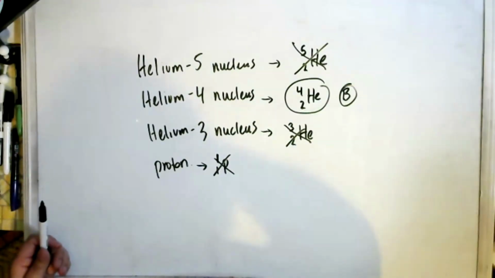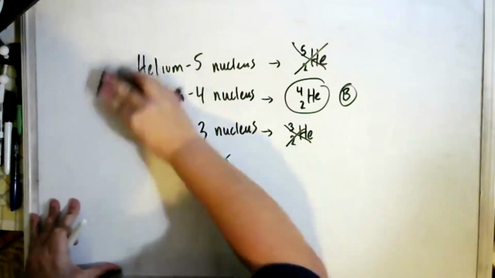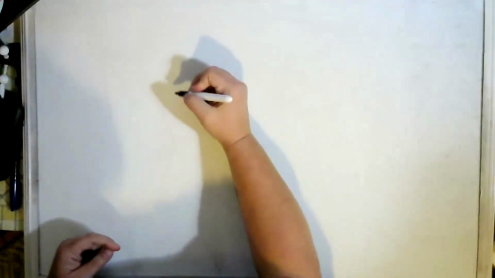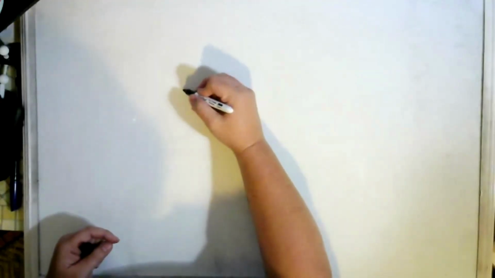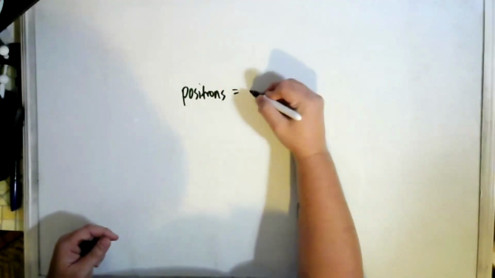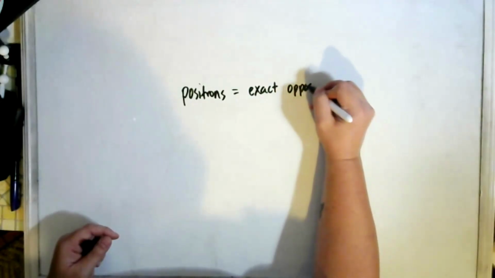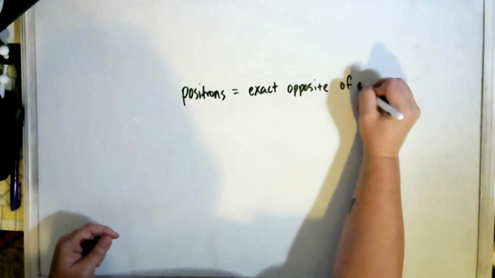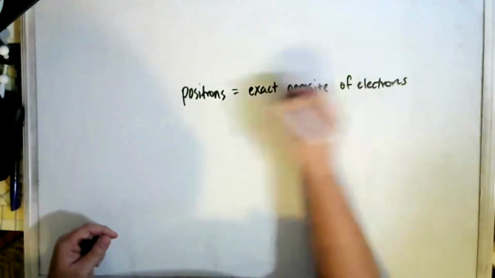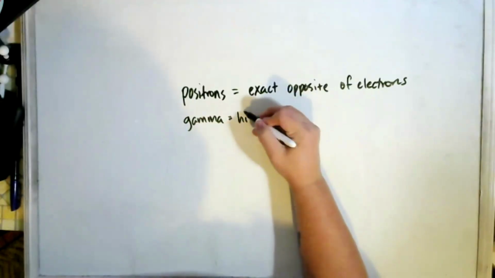The next question says, which particle is the same as a high energy electron? Well, we know it's not alpha particles because we just wrote out what an alpha particle is. That's not an electron. Our positrons are exact opposites of electrons. Gamma rays are going to just be high energy radiation.